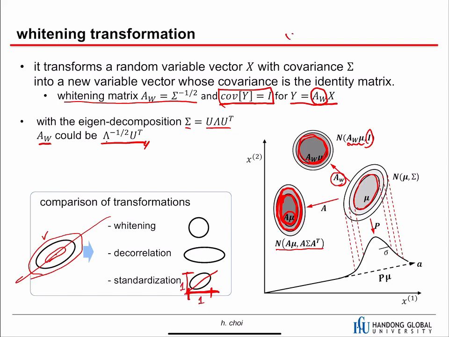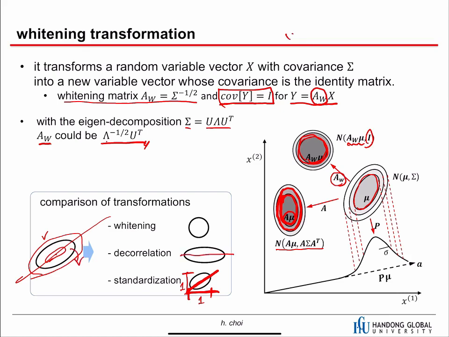But still there is correlation like this. And if we decorrelate this distribution, then we can rotate this one in this way.